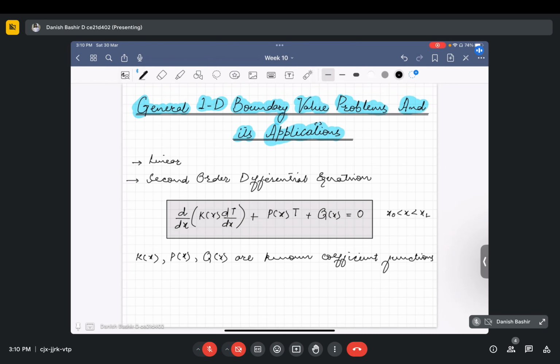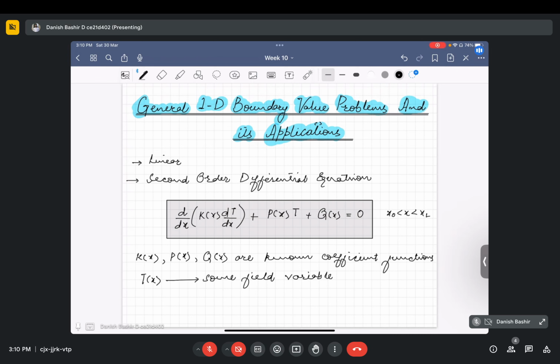Known coefficient functions of x, and what is important is our main candidate is T of x, that is our field variable. I hope by this time you must have got the idea of what I mean by field variable.